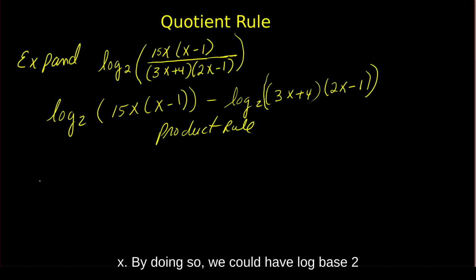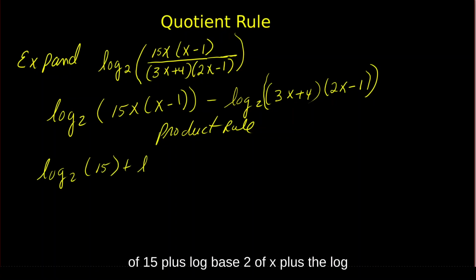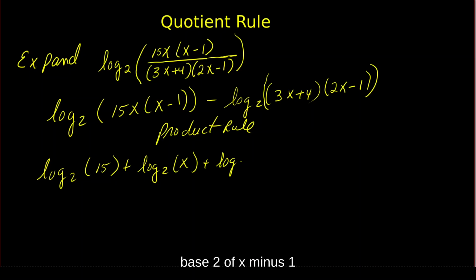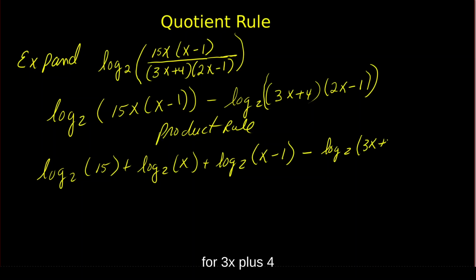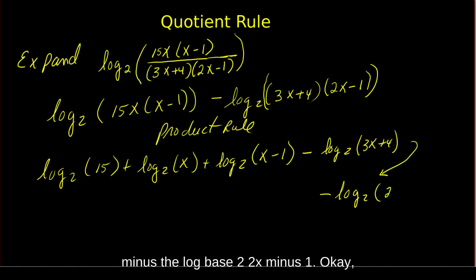By doing so, we could have log base 2 of 15 plus log base 2 of x plus the log base 2 of x minus 1, minus log base 2 of 3x plus 4, minus the log base 2 of 2x minus 1. Okay, notice what we did here.